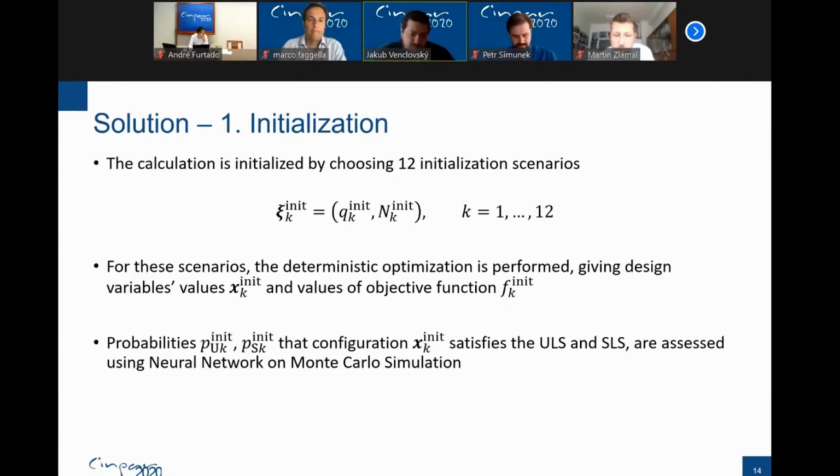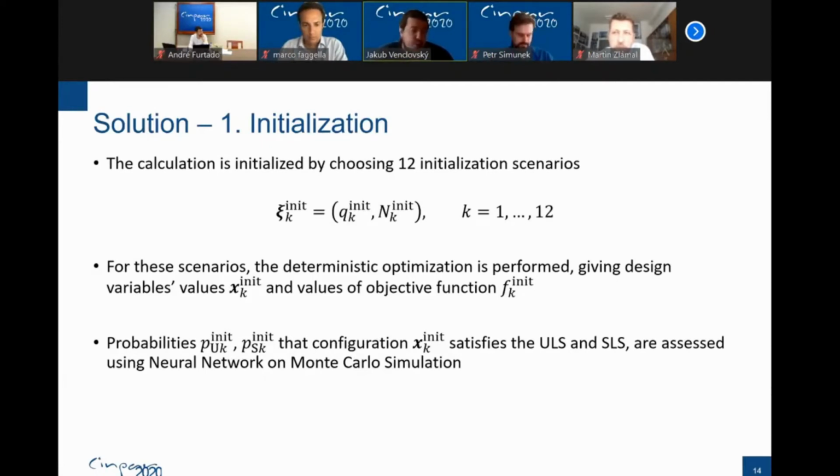And for these concrete values of design variables, we can assess probabilities that the constraints for ULS and SLS will be satisfied, which is done using a neural network.